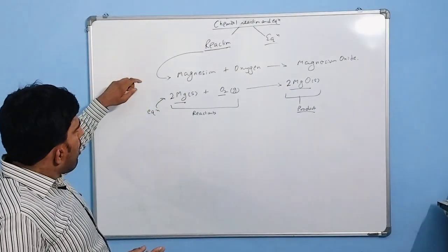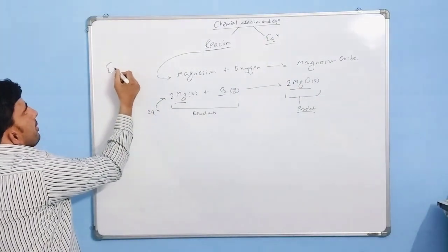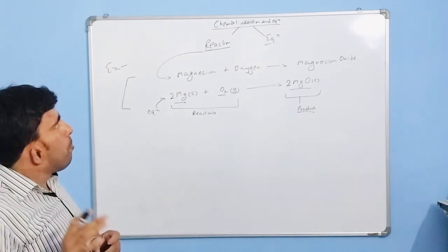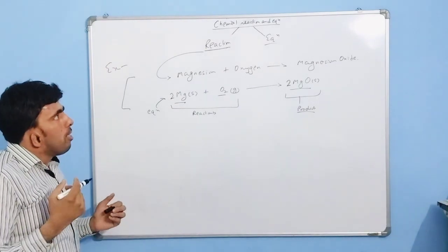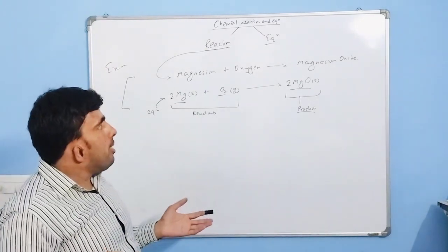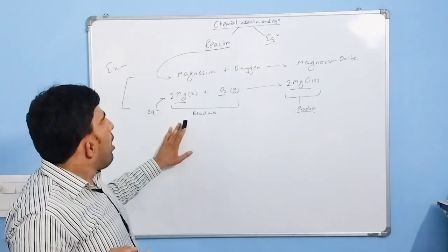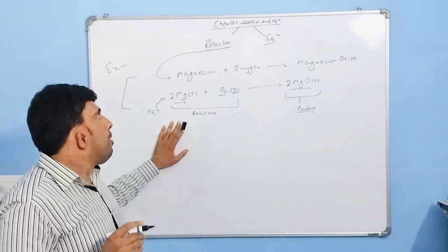So by an example, we can easily distinguish between both of them, what is a chemical reaction and what is a chemical equation. This is clearly seen here.